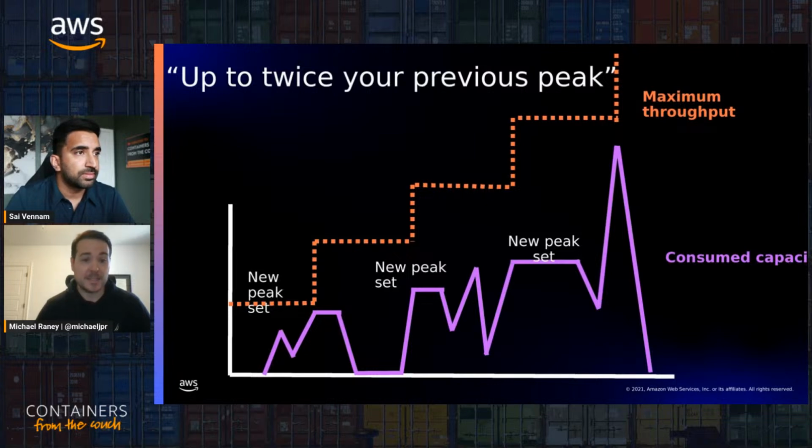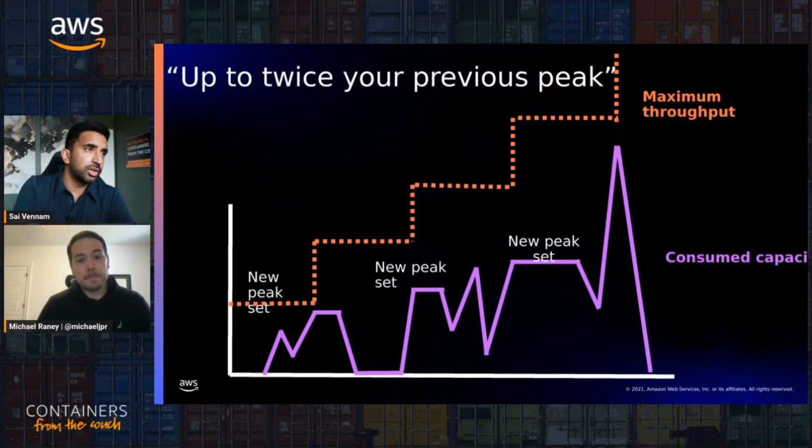So we'll double that capacity every time we sense a new peak for both reads and writes. This is how we allocate the right capacity to meet new scales, new throughput, and unintended throughput spikes, but also maintaining consistent latency and performance.